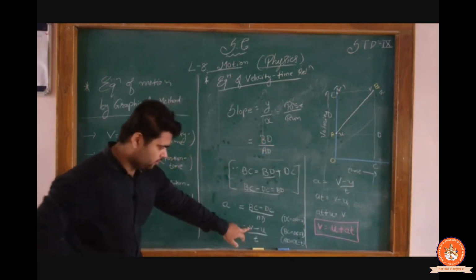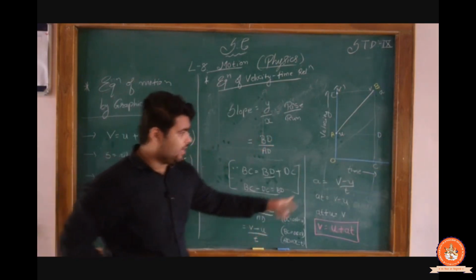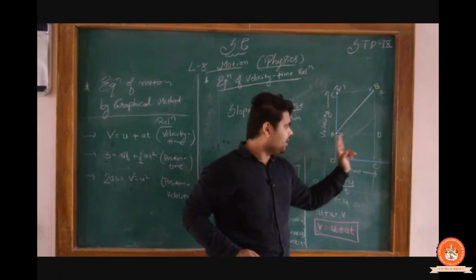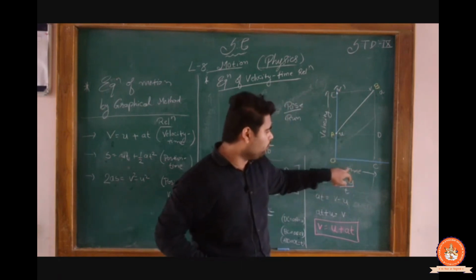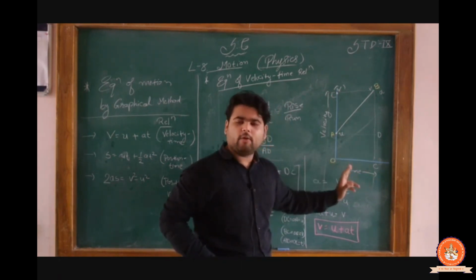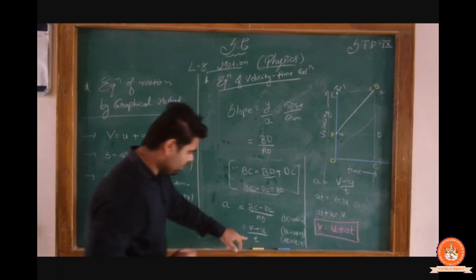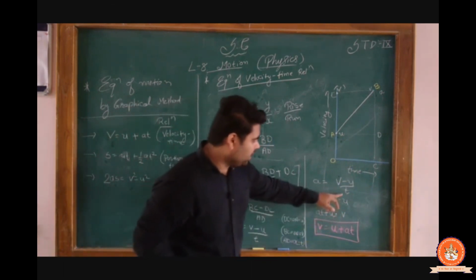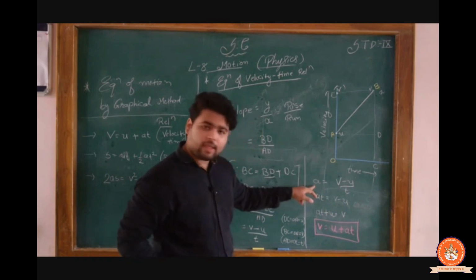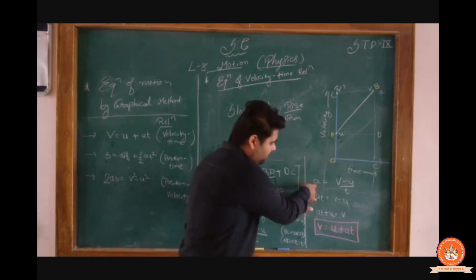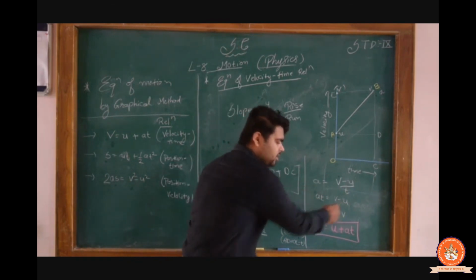So v minus u, and AD is parallel to OC. Clear? And OC is the time t. So we take the t here, so at equals v minus u.